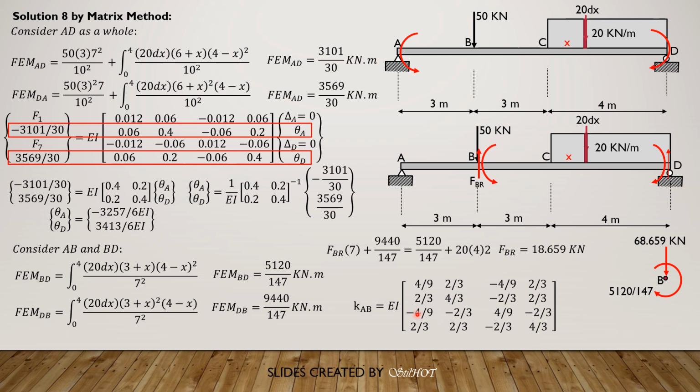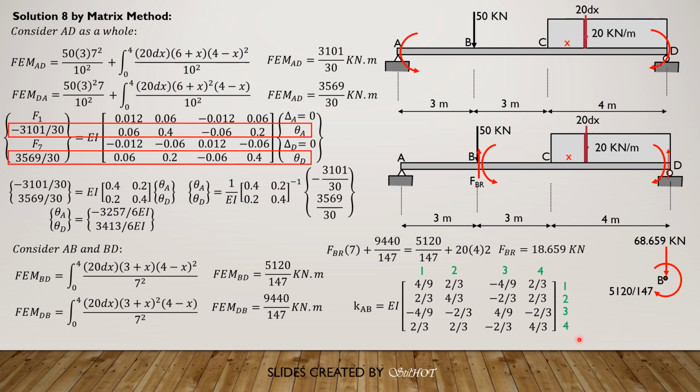Then the third row is the negative of the first row. The fourth row is same as second row, except that we interchange the second and the fourth elements like that. So that is KAB. And KAB is 1, 2, 3, 4. So 1, 2, 3, 4 also.